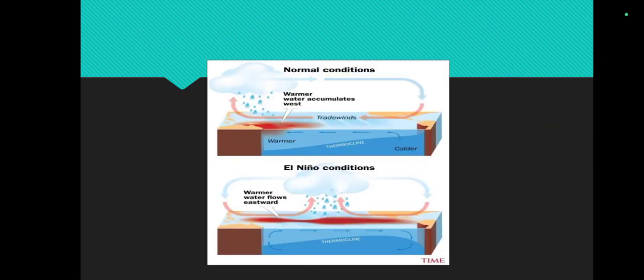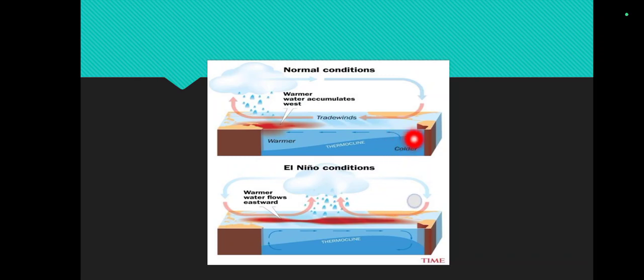Here in this image you can see that this is the normal year and this is the El Nino condition. I have just told you that in the normal year the thermocline gets shallow. In the image you can see that the warmer water is quite thin here as compared to the Australian coast. The thermocline is a line of sudden temperature change from one water mass to another water mass.